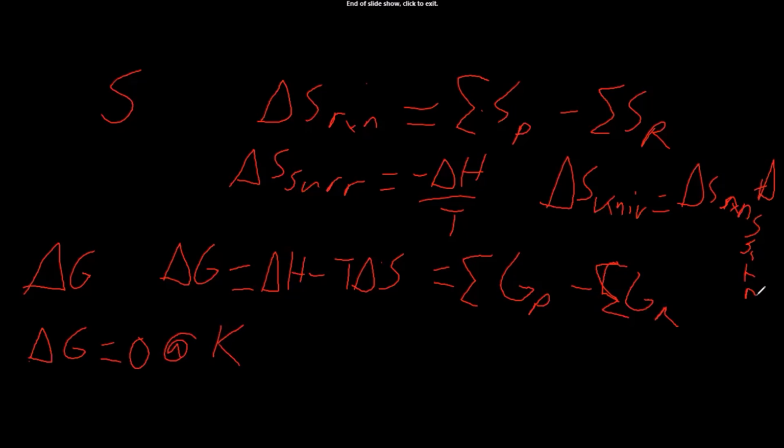And to calculate that equilibrium point, we can use delta H over delta S as the T when G is 0.